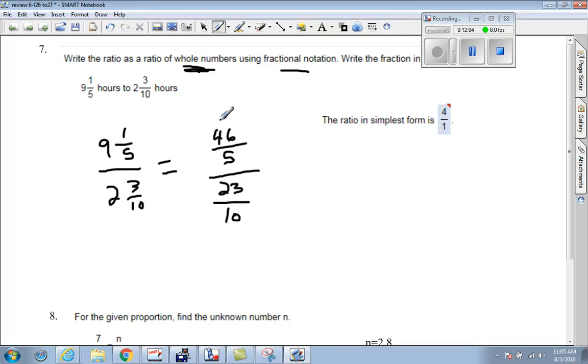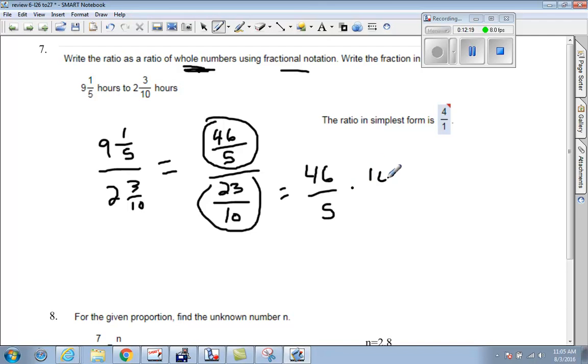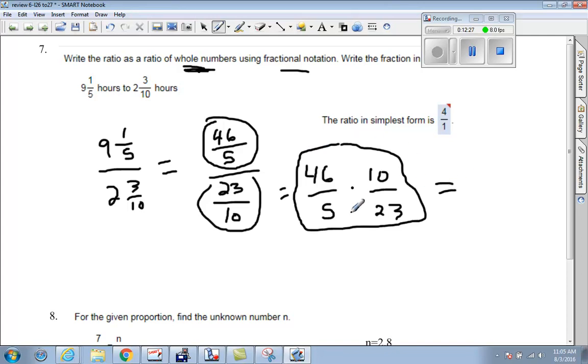Then you have this sort of complex fraction where you have a fraction on top of another fraction, which really means a fraction divided by another fraction. So we could rewrite this as 46 fifths divided by 23 tenths, which really means multiply by the reciprocal, so multiply by 10 23rds. You arrive here and look for some cross cancellation.